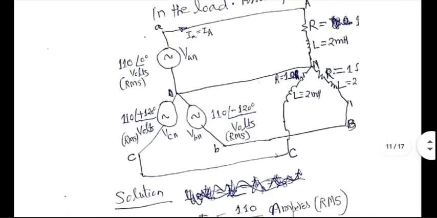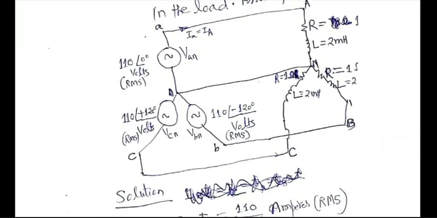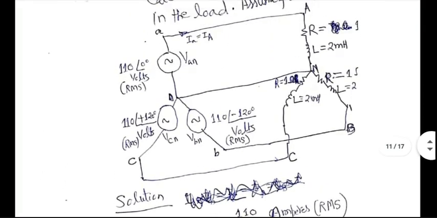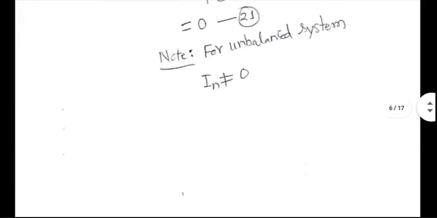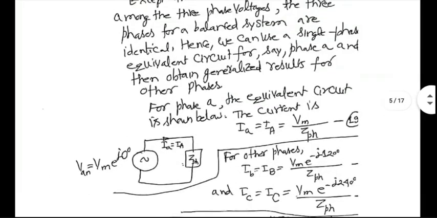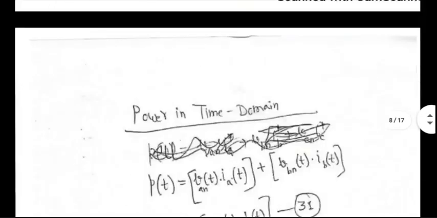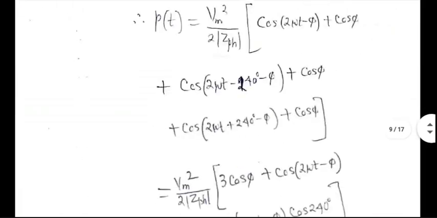So we do per phase analysis. For phase A, we draw, although I have not drawn it in the numerical example itself, but here I showed that we draw this kind of a circuit. And using that, we calculate the phase current A.